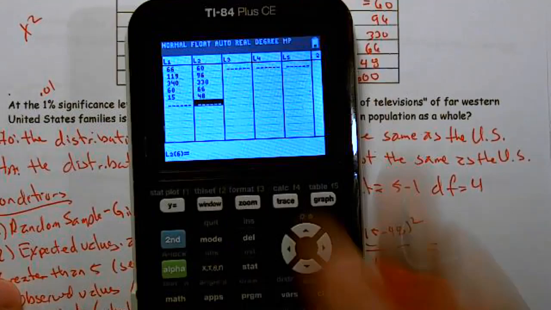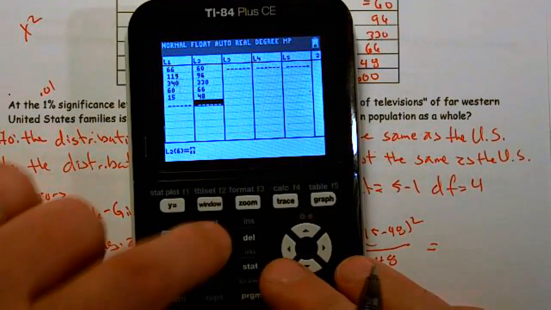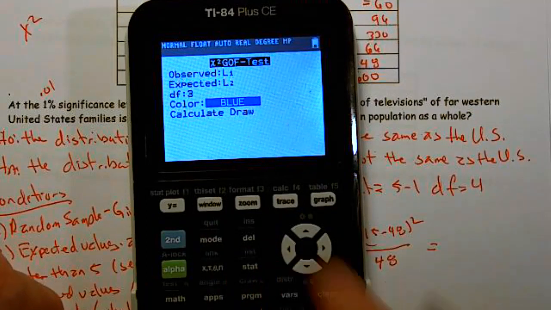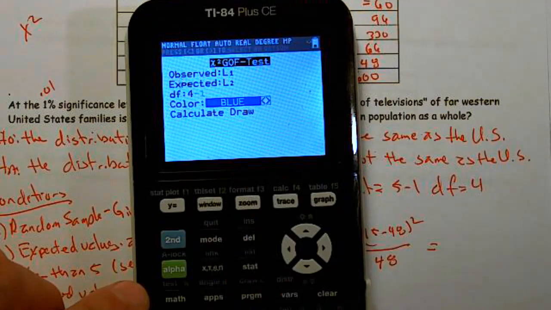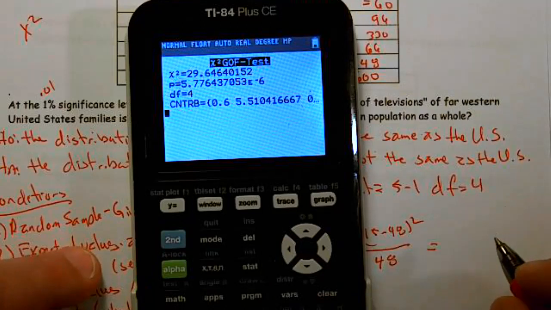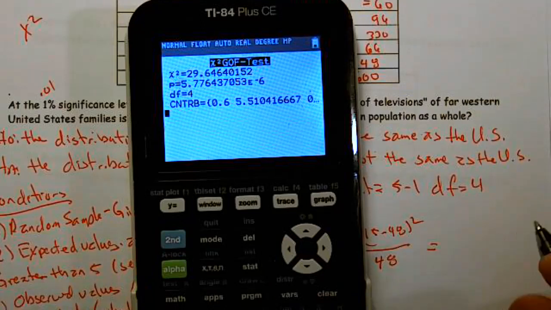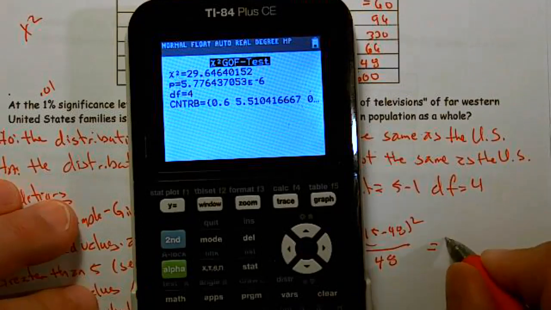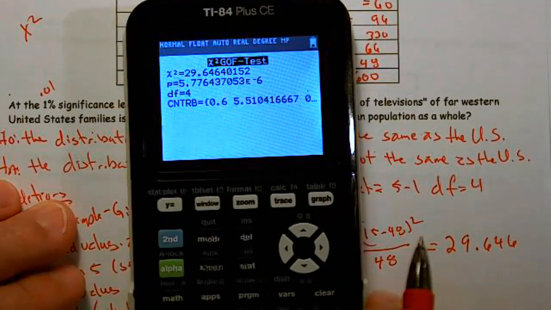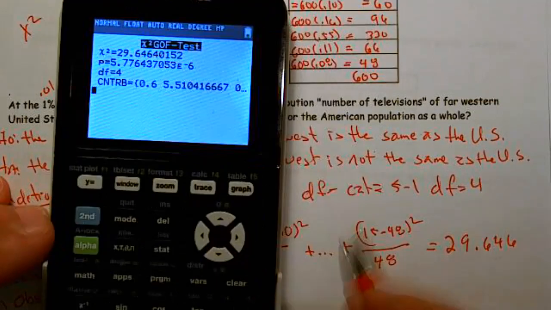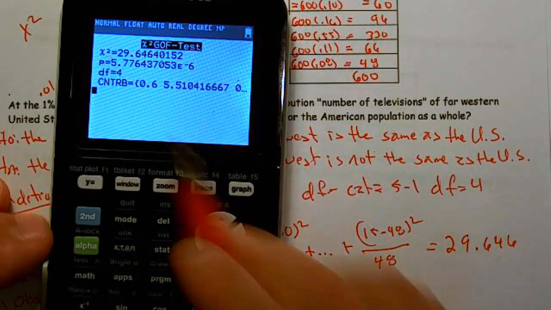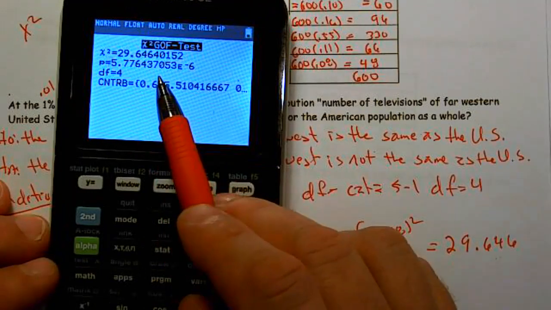And what does that give me? Well, I'm going to run my test. So second quit, stat, test, chi-squared goodness of fit. Degrees of freedom is 5 minus 1, or 4. And I end up getting a p-value. Chi-squared equals 29.646. That's a pretty large chi-squared value. And remember, if I have more than 4 zeros, the p-value is approximately 0.